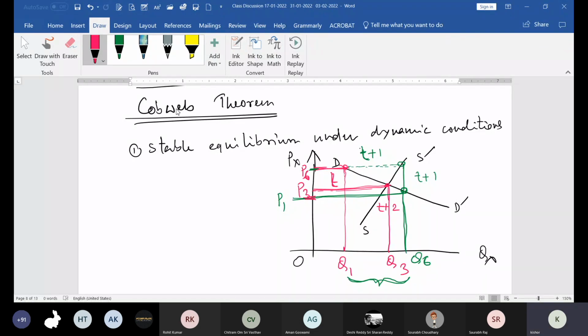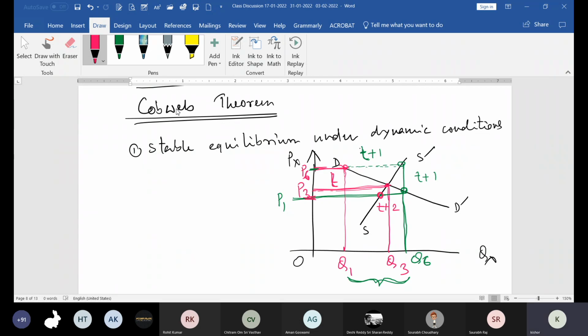Now, when this price is very low, as a supplier, it is not attractive. P1 is not attractive to me. So although today I brought it just to avoid wastage, I sold out at P1, but next day, T+2 time period, I will reduce my supply.